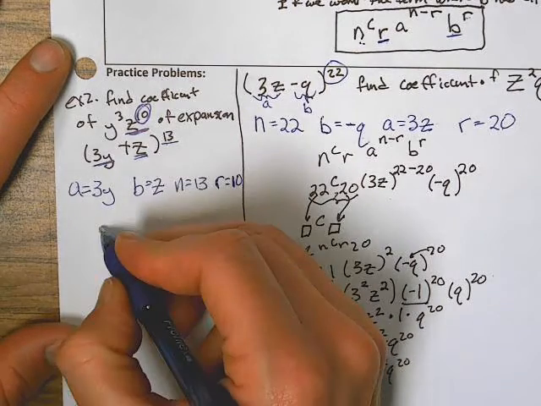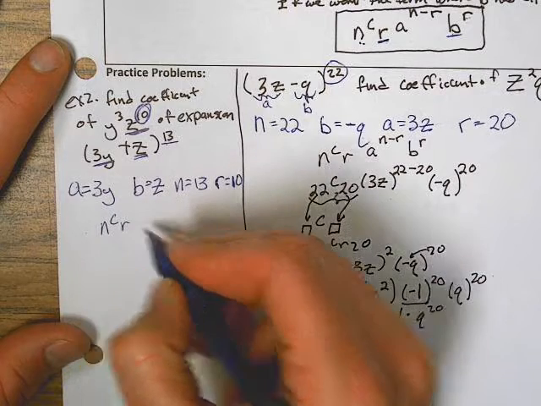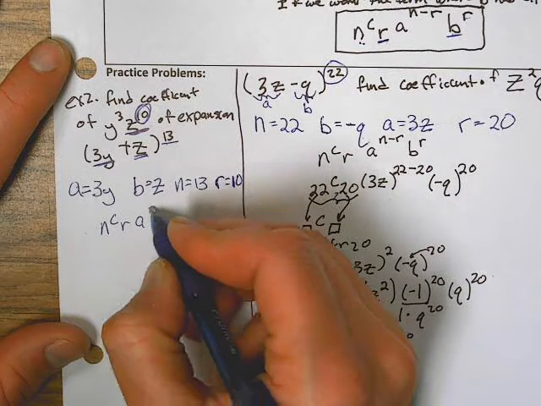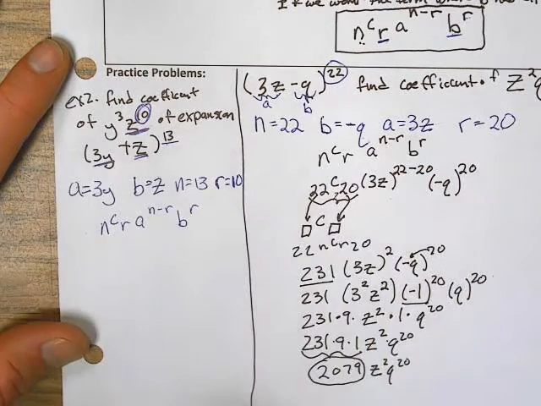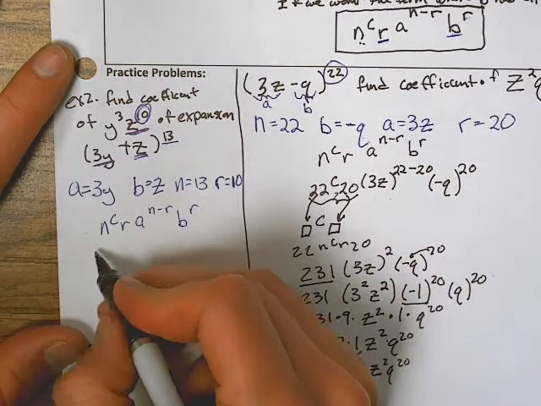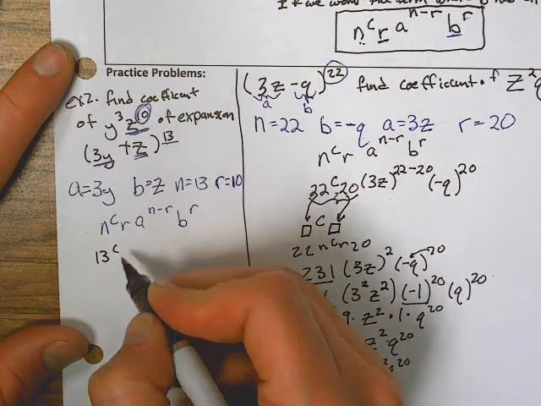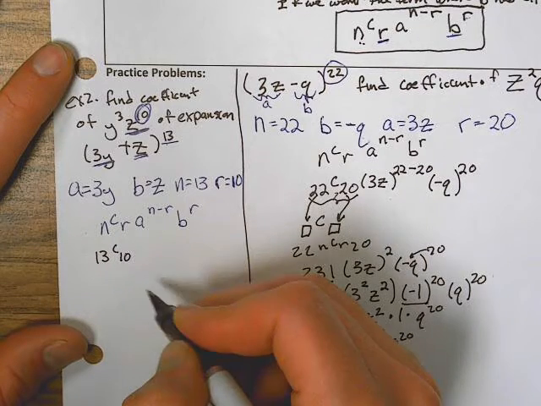Okay, it's always going to be the exponent that we want on that second term, which again is 10. Now, I'm using the formula n choose r, then it's a to the n minus r, b to the r. So if I plug in all the good stuff, n is 13, so it's 13 choose 10, that's my r value.